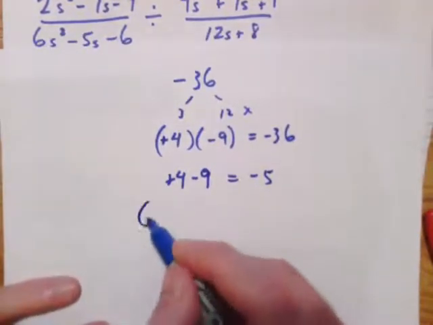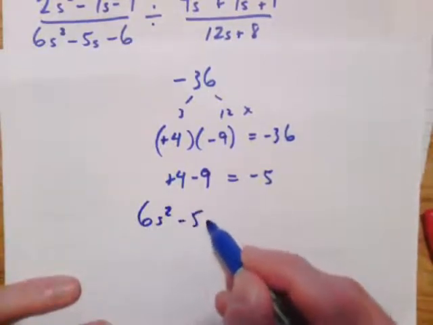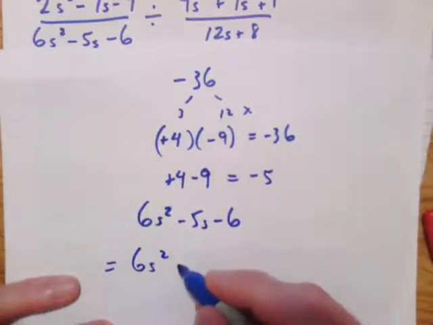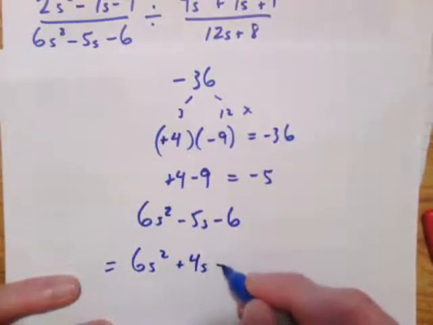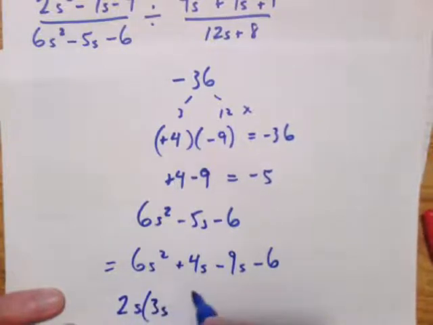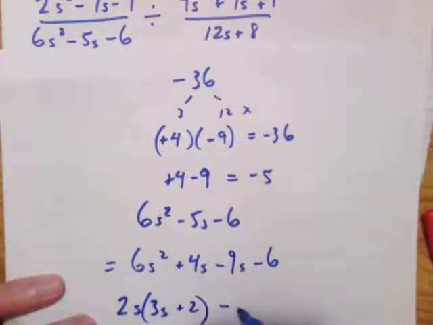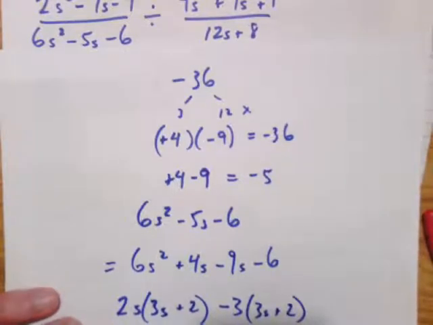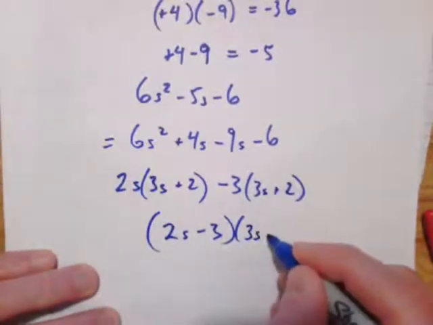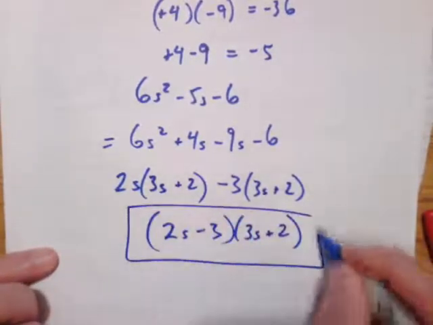So I'm going to rewrite that 6s squared minus 5s minus 6 equals 6s squared plus 4s minus 9s minus 6. Do some factoring. 2s times 3s plus 2, and then negative 3 times 3s plus 2. So it's 2s minus 3 times 3s plus 2. That's the factored version.